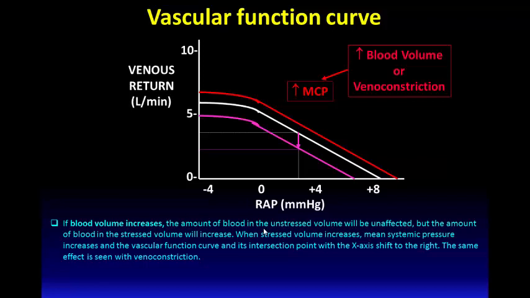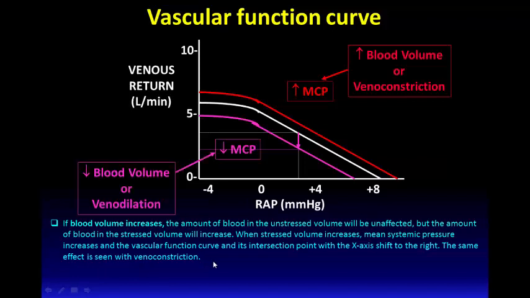And as we described earlier in the lecture, when the stressed volume increases, the mean systemic pressure, the mean circulatory pressure increases, and hence the vascular function curve and its intersection point with the x-axis shift to the right. The same effect is seen with venoconstriction.